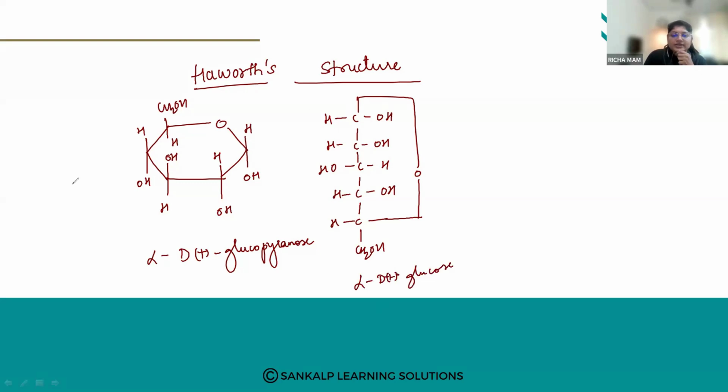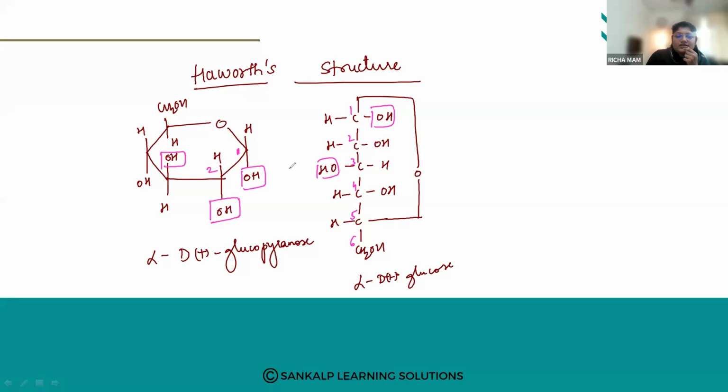Now here, this is our C1 carbon. So C1, C2, C3, C4, and C5 carbon, and C6 carbon. C1 carbon is this one, and the OH is on the right hand side. Then C2 carbon, again on the right hand side. At the C3 carbon, it is on the left hand side.